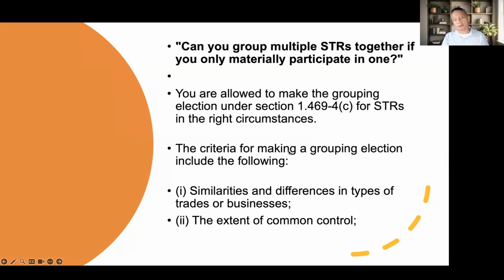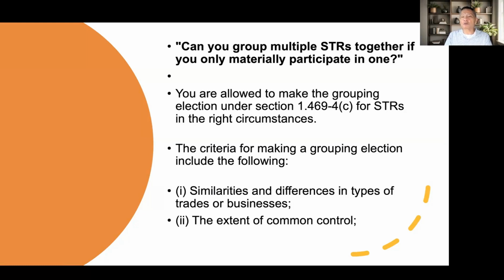So if you own several rentals, if you document the material participation hours, if you want to claim the maximum deduction, then it behooves you to do a grouping election. If you have a tax advisor working with you, make sure when you file a return, you add this extra tax form stating that you are doing a grouping election for your several short-term rental properties.